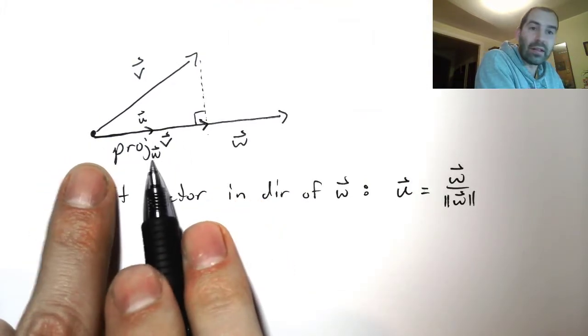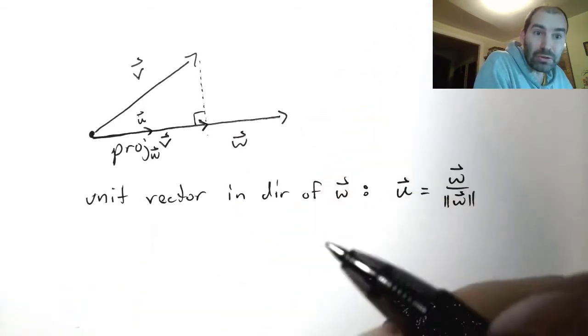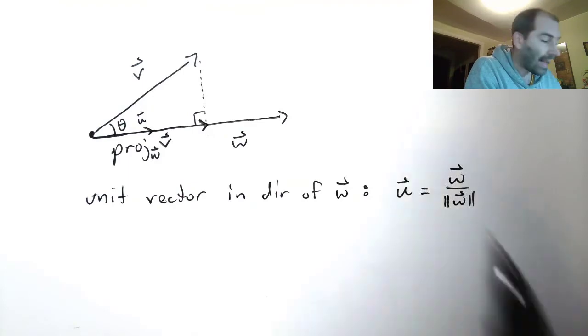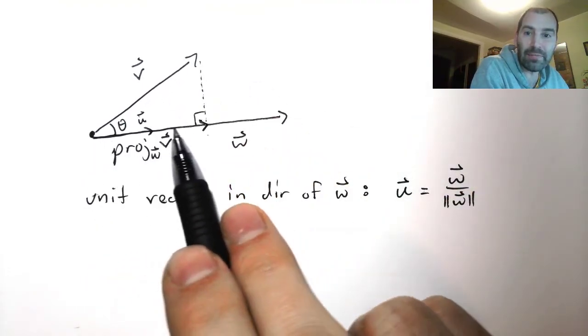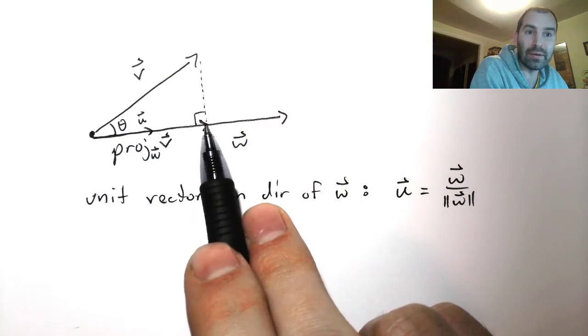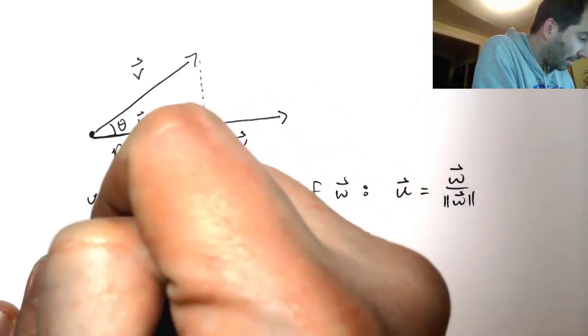So now I have to find the length of this projection. Well, let's use trig again. If I can get this angle, I can just take the length of v, multiply it by the cosine of the angle, and that'll give me this length, right? So the length of the projection, I know how to get that.